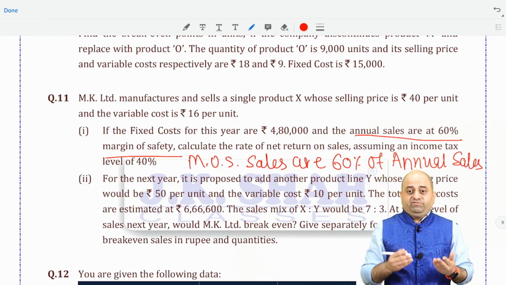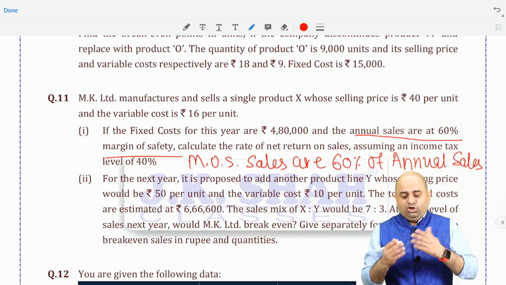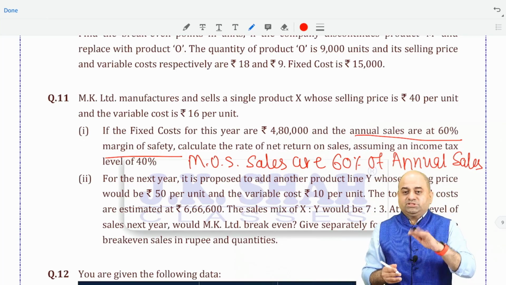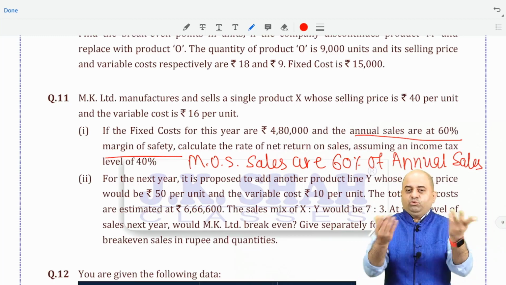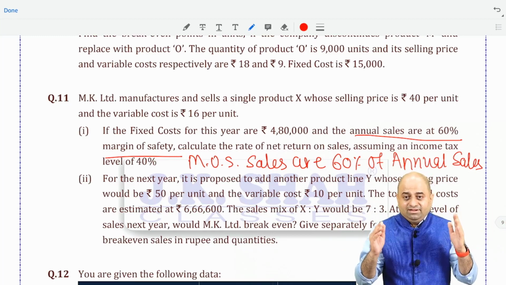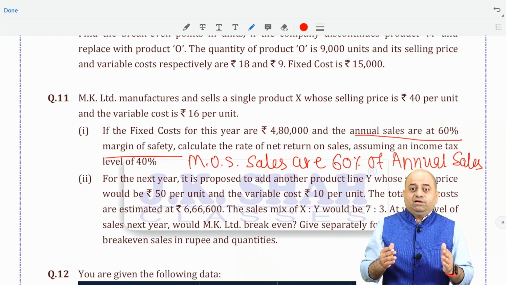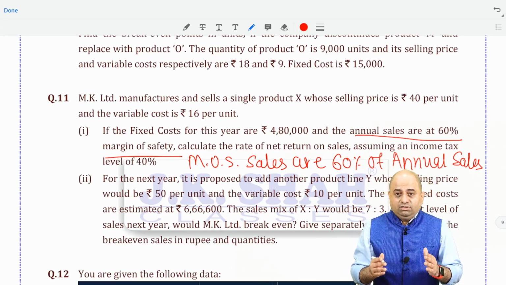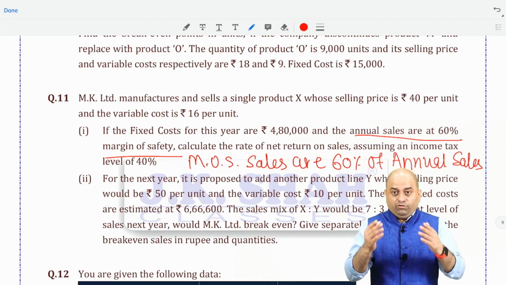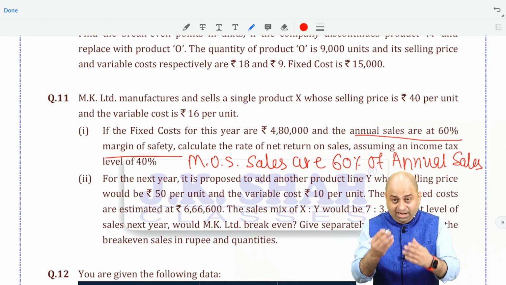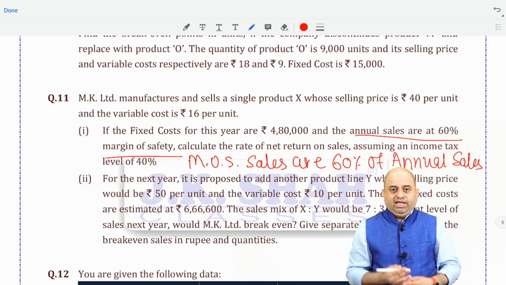You are given margin of safety at 60%. That logically means that break-even point is 40% of sales. Cross multiplication, you will get the full sales. Reading the question and finding out what is required becomes the most important part, in my opinion, for these types of questions and for this chapter. In fact, with that I finish question number 11 as well.